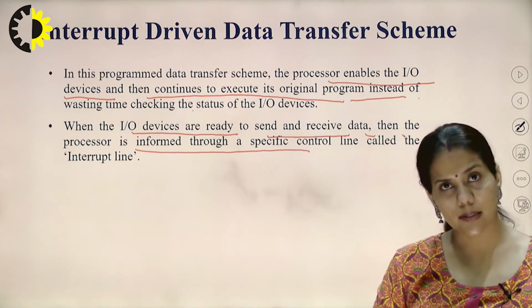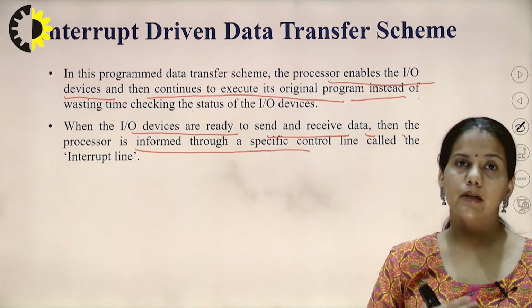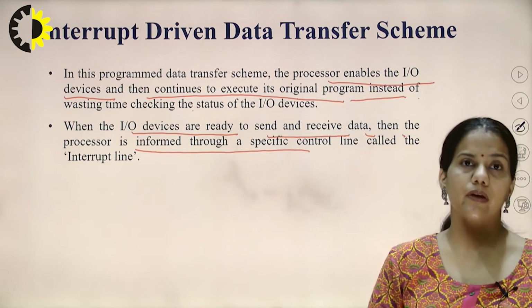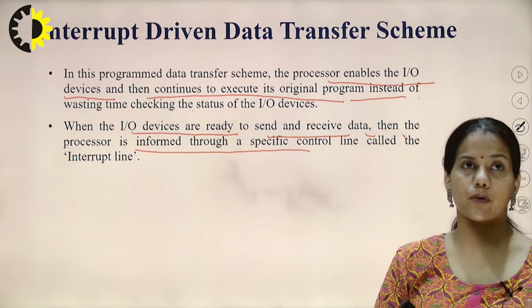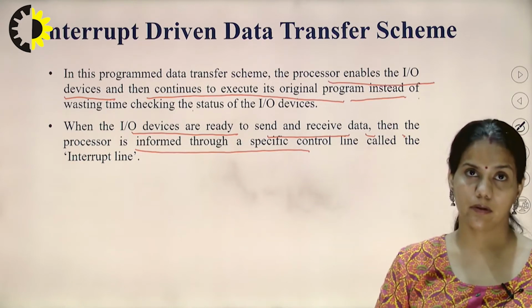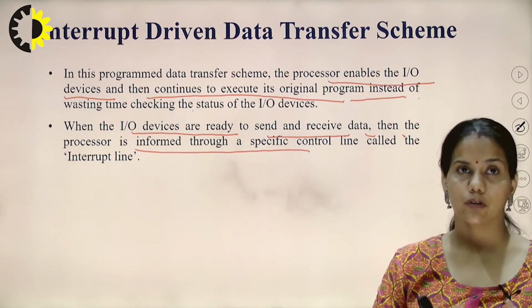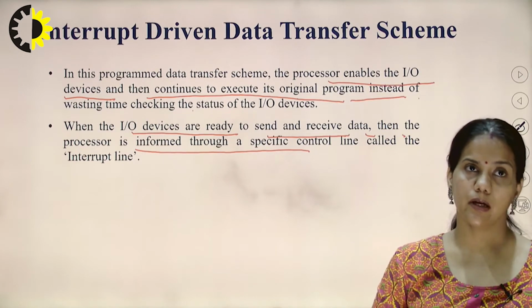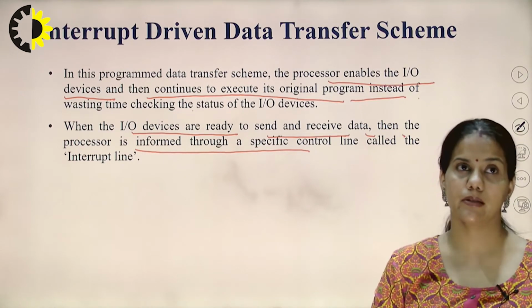So in this scheme, what is done? The interrupt line is activated, and whenever the interrupt arrives, the processor is informed about that. If the processor wants to acknowledge the interrupt, then it will; otherwise it can delay or mask the interrupt.